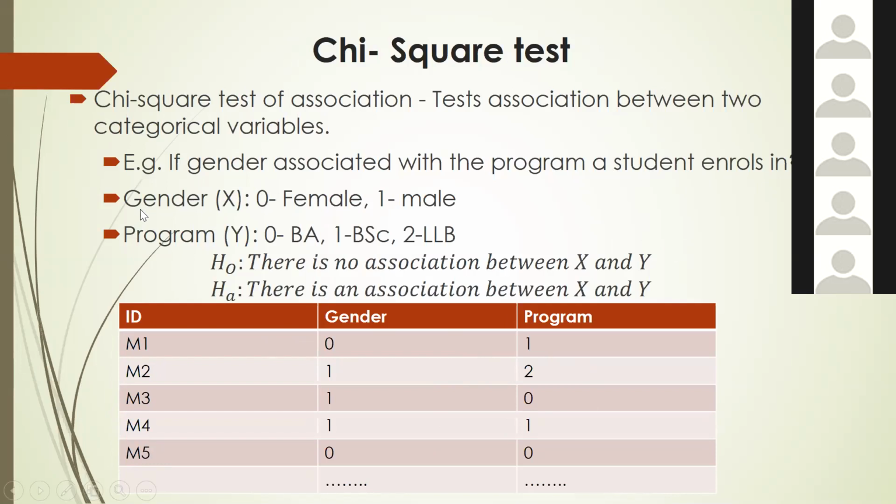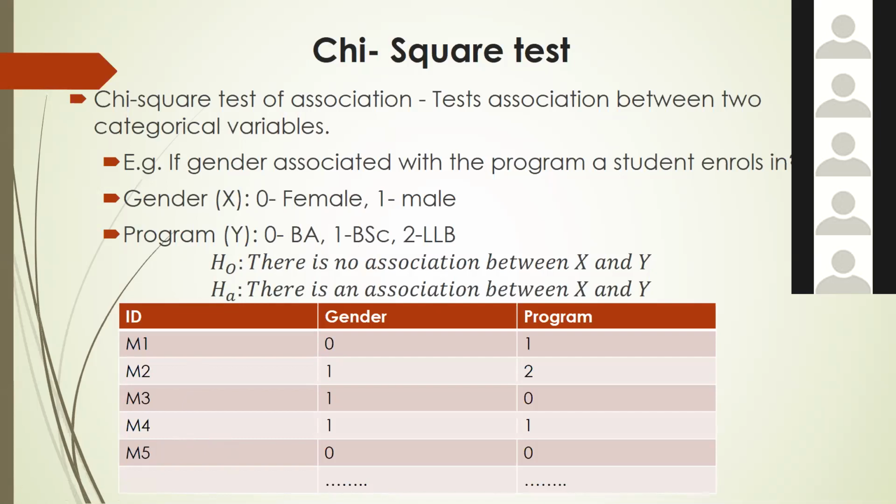On the other hand, you have program, which is a variable Y, where 0 stands for Bachelor of Arts, 1 for Bachelor of Science, and 2 for LLB or Bachelor of Laws. The null hypothesis for a chi-square test is that there is no association between X and Y, while the alternative is that there is an association between X and Y.